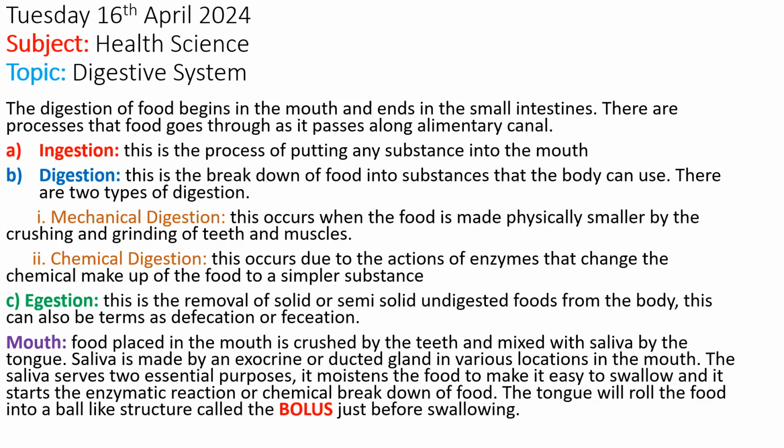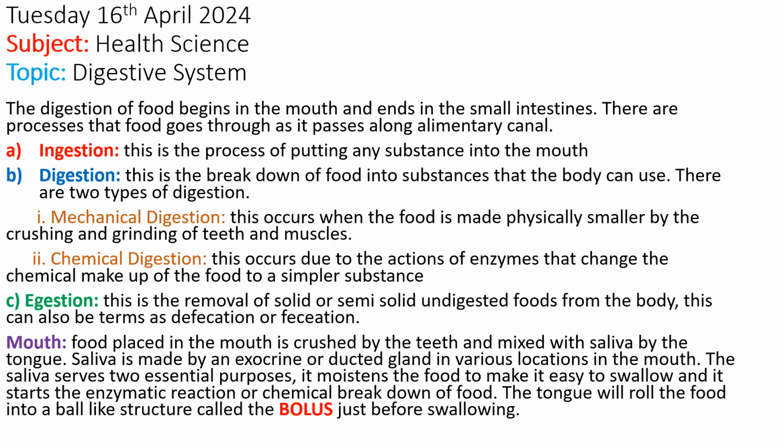Okay, China, read what happens inside the mouth for me. Food placed in the mouth is crushed by the teeth and mixed with saliva by the tongue. Saliva is made by an exocrine or duct gland in various locations in the mouth.